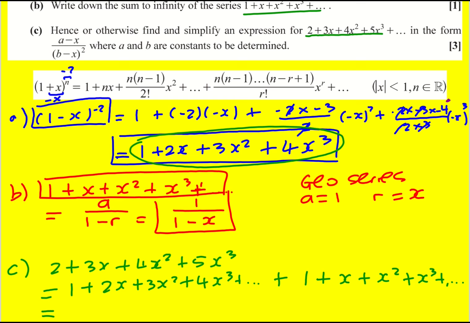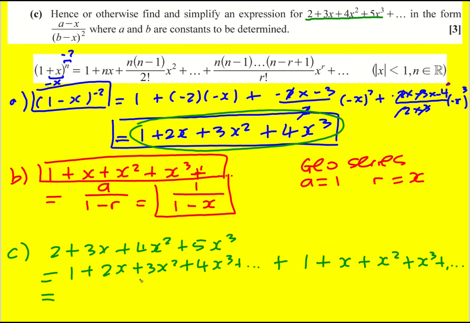And we're nearly there actually, because we know that the one on the left is (1 minus x) to the minus 2, which is 1 over (1 minus x) all squared. And then we've just summed the second one. It's 1 over 1 minus x.